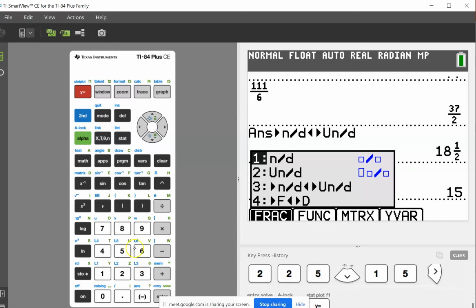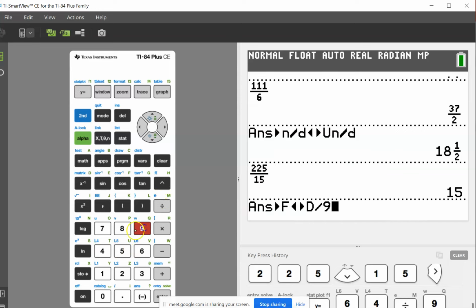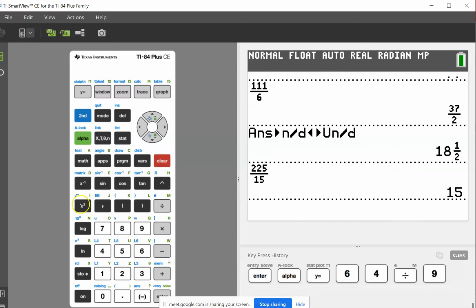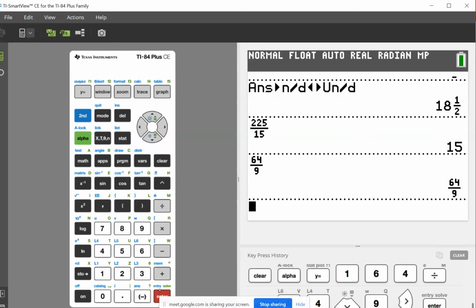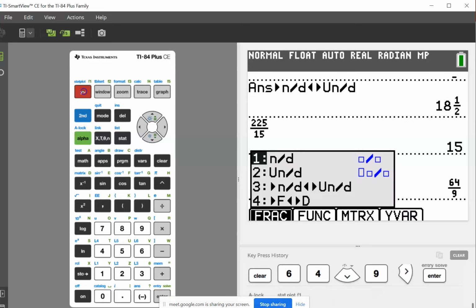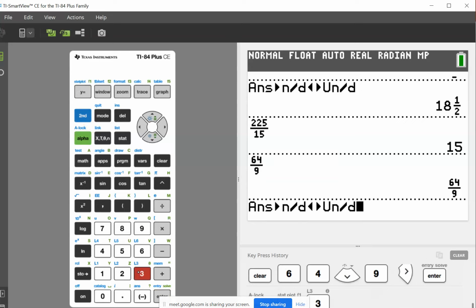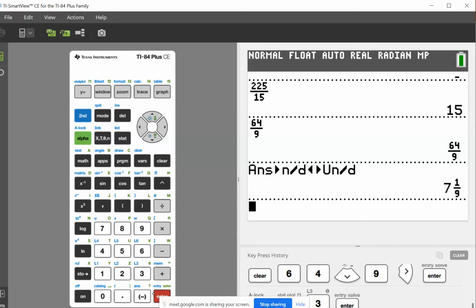Let's say we have 64 over 9. The fraction itself does not reduce, but then when we do alpha y equals and choose number 3 to convert, our mixed number will be 7 and 1/9.